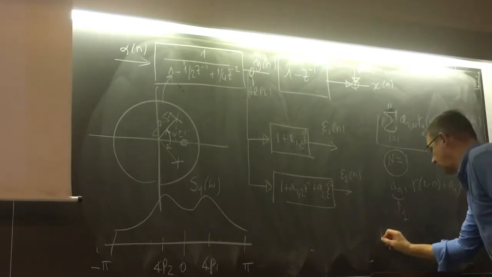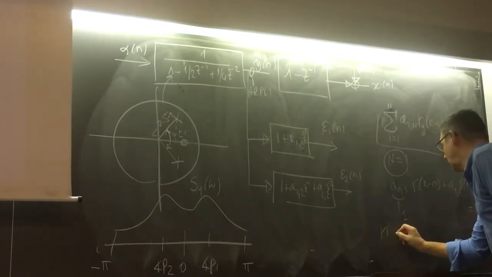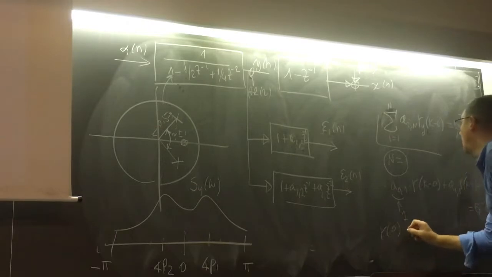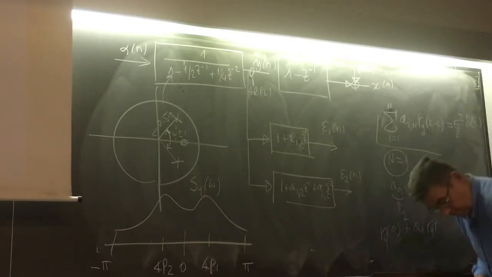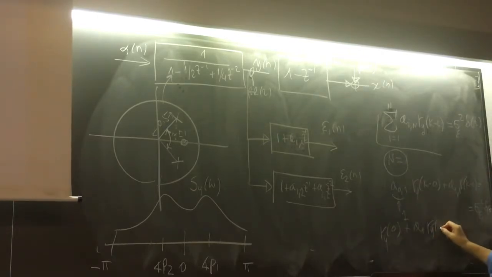Then this formula says R_y(0) plus a_1^(1) R_y(1) is equal to sigma squared epsilon.